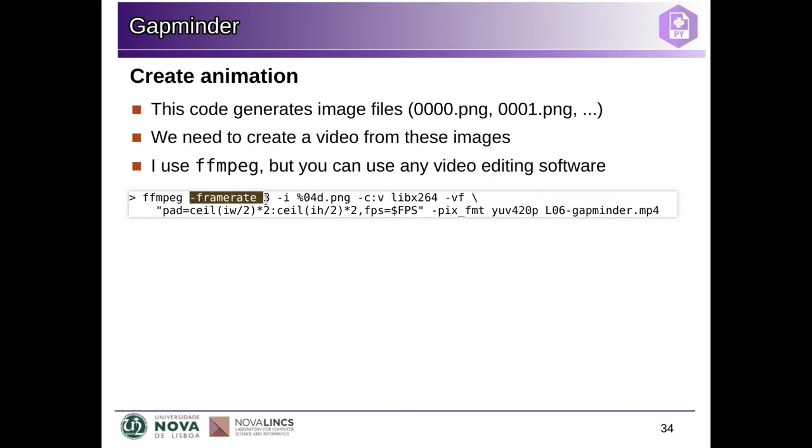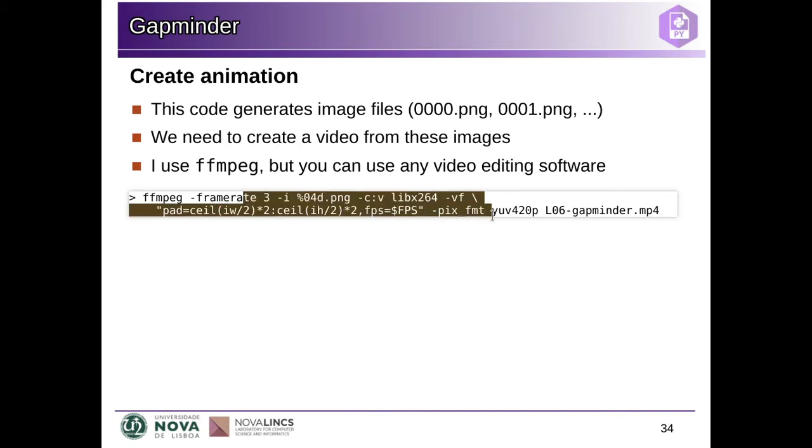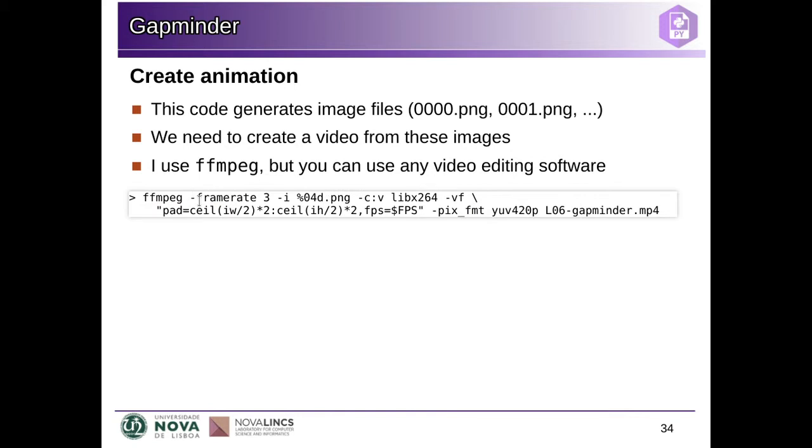So I set the frame rate. These are the images that I'm looking at. I'm looking at numbers with 4 digits, .png. So it will go through these in order, and then I use the codec for compression, and I resize everything because this requires the image size to be a multiple of 2 and so forth. Okay, so there are a few details here, but you can find these recipes easily online, and it's easy to convert images into a movie.